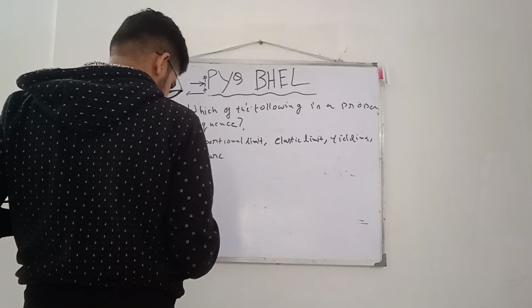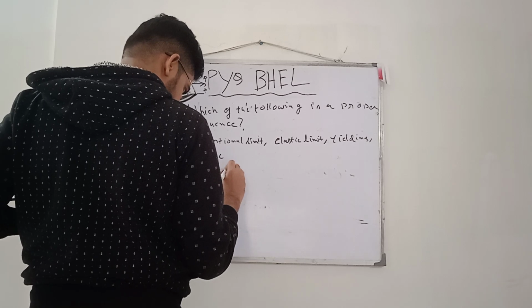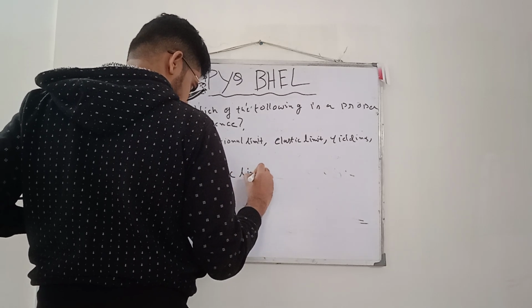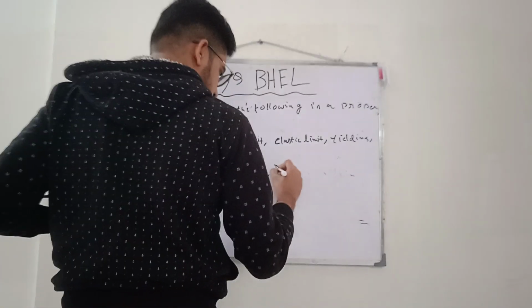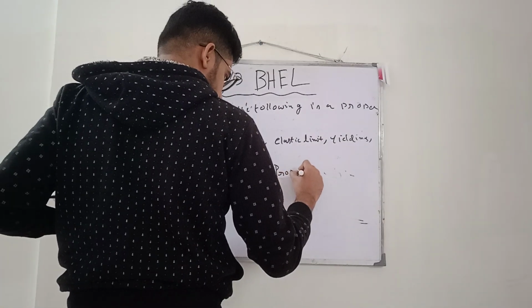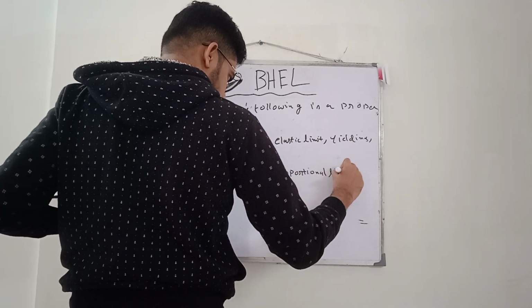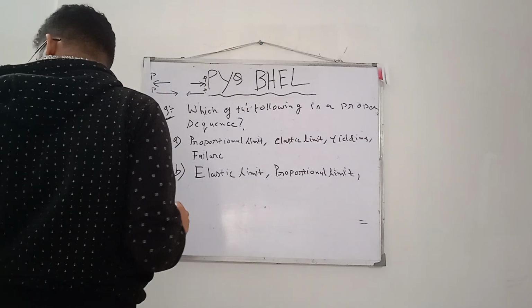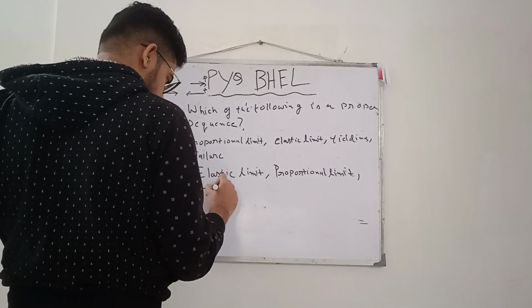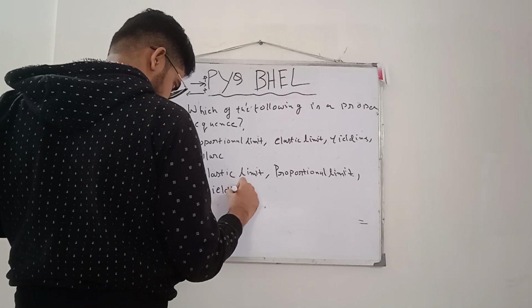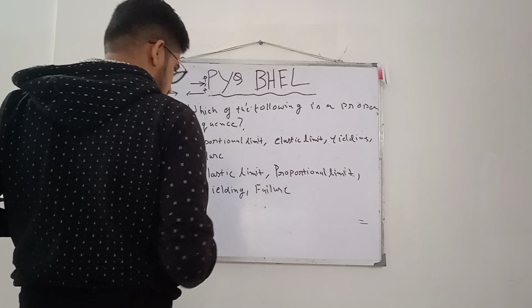Then B: elastic limit, proportional limit, yielding and failure.